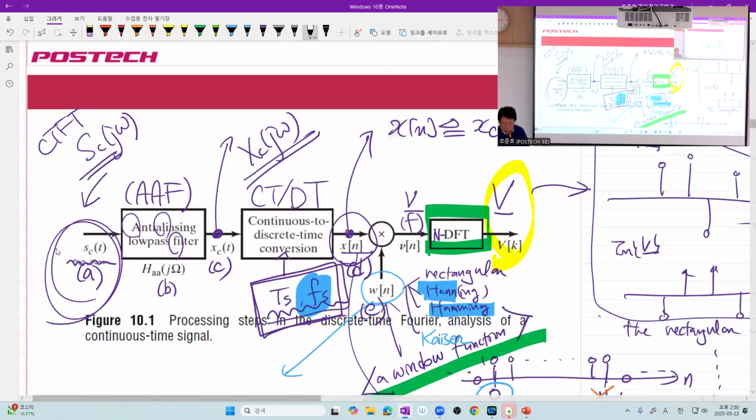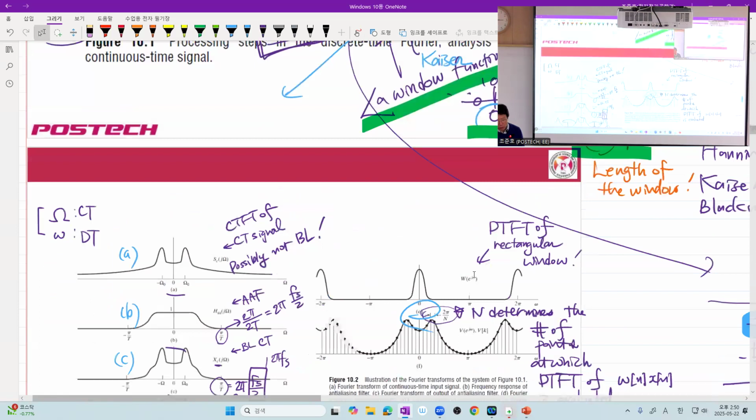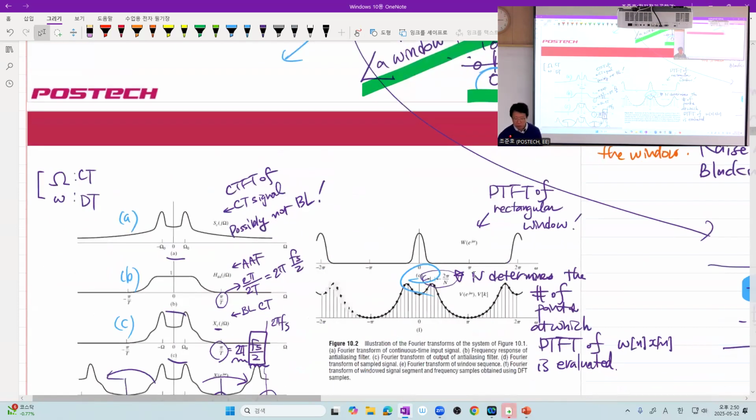Because we have N-point DFT. So the number of points in the DFT determines how many points you have within this 2 pi period to evaluate your output DTFT.